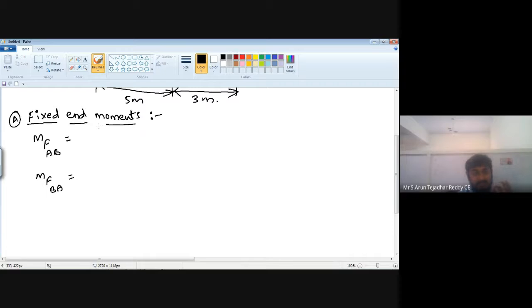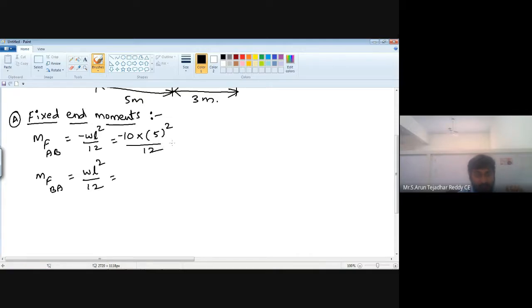So it is carrying a uniformly distributed load. Already we know the formula for fixed end moments carrying a uniformly distributed load, that is minus WL square by 12. The other one is WL square by 12. Here W is the given load for span AB. What is the given load? 10 into, what is the span of AB, 5 square by 12.